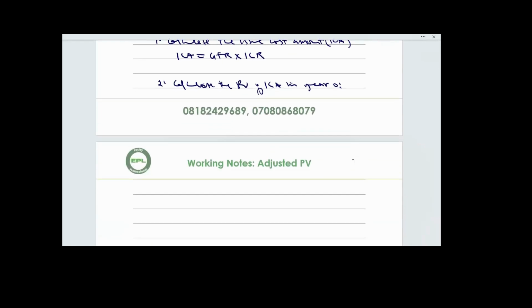If in the question you are given debt and equity, then you calculate issue cost amounts on debt, which should be calculated as the issue cost amounts on debt multiplied by discount factor at year 0.